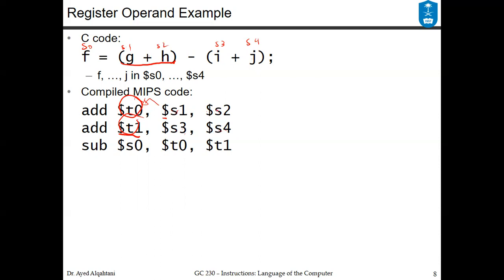You add those 2 and get the temporary result T0, and then those 2 and you get the result in T1, and after that you subtract T1 from T0 and you give the result in S0. After this, if you have another code, you could use T0 and T1 again. But if you want to use S1 or S2 or S3 or S4, this means that you will overwrite the original values. So you have to be careful.